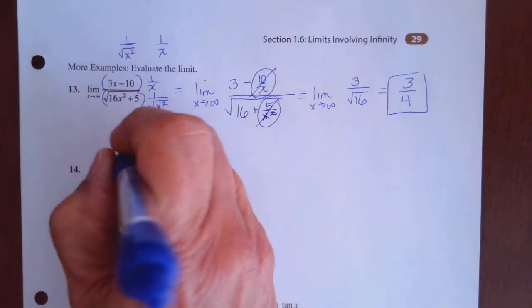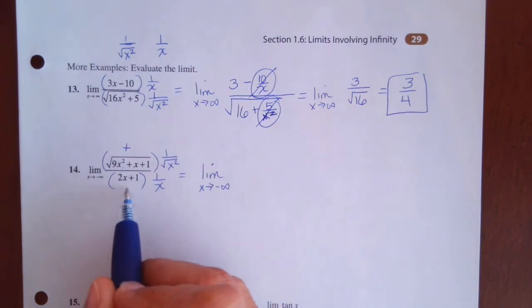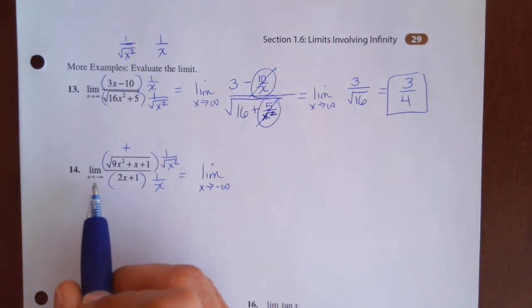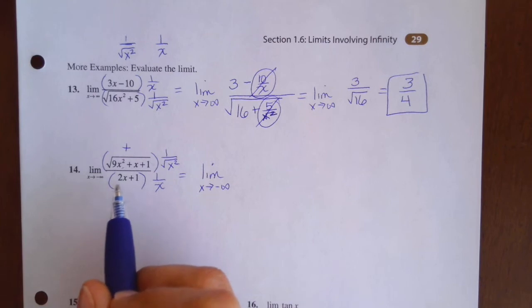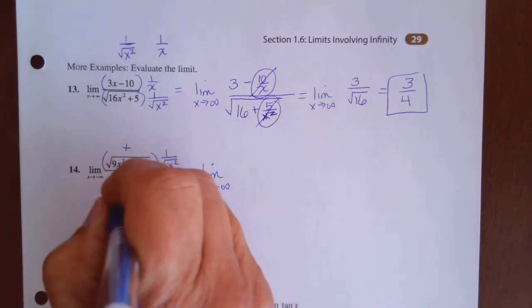So this is going to be a positive number up here. But down here, as x gets smaller and smaller, going to negative infinity, think about it: you put in negative 2, negative 3, negative 4, negative 5, negative 6, negative 1,000. This denominator will be negative.